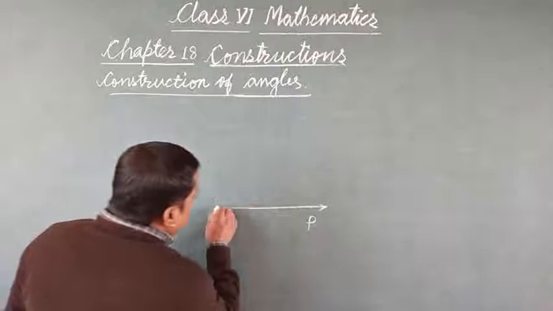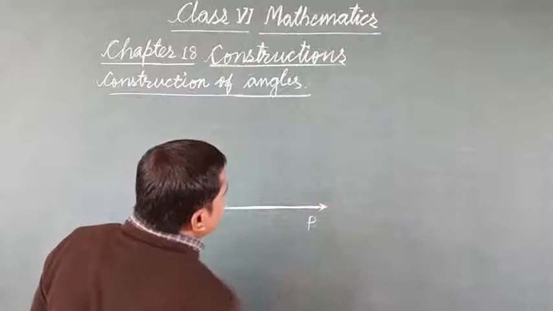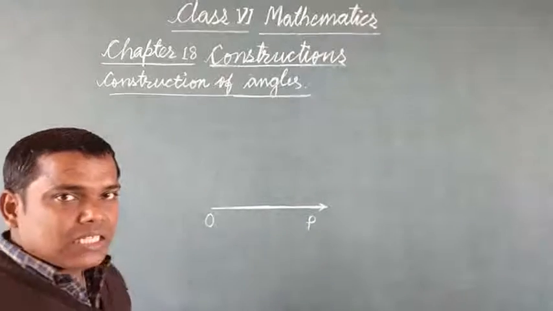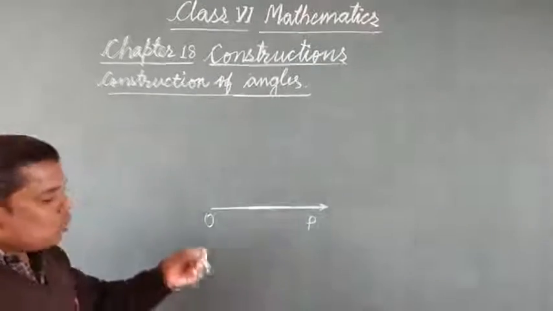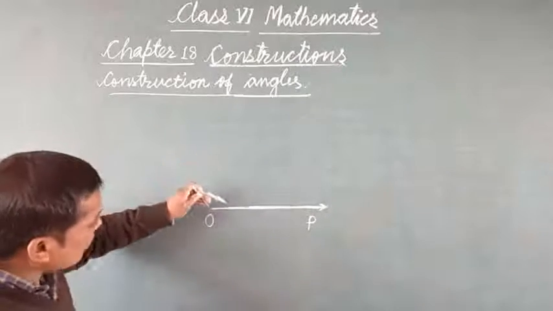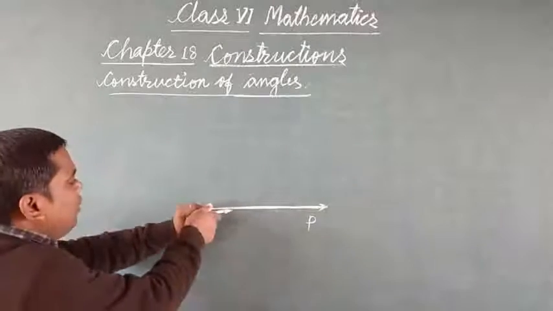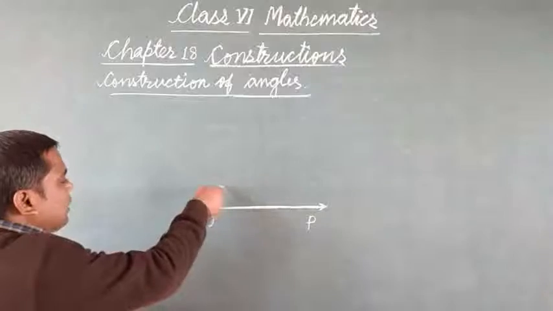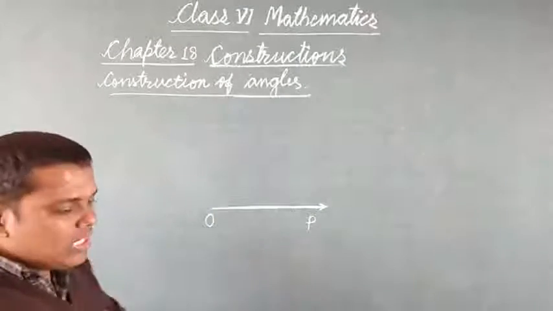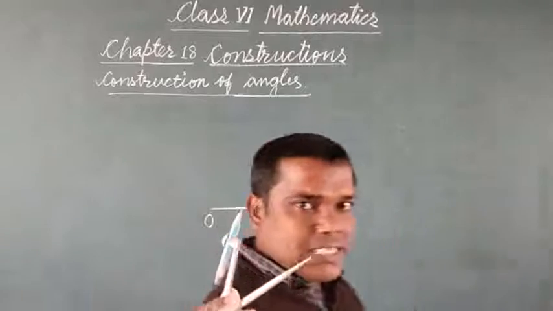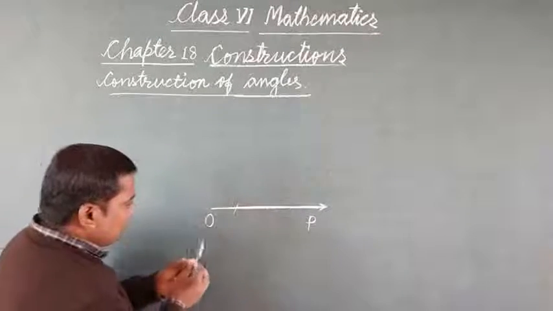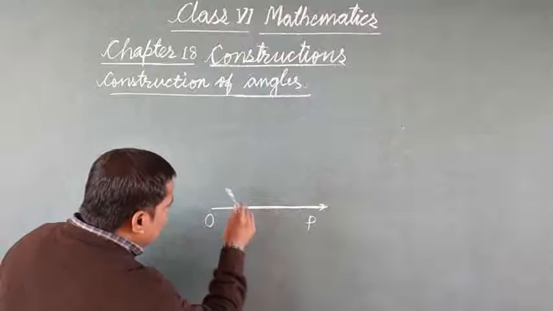First we draw the baseline segment, that baseline, or we can say ray OP. This is the base of the angle. Now we will open this compass and taking point O as center, we will draw an arc here. With the same radius, without changing the radius, we will draw an arc here.